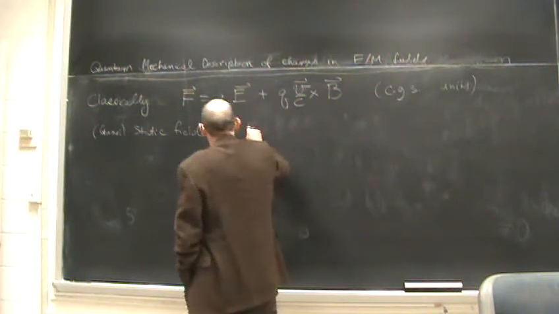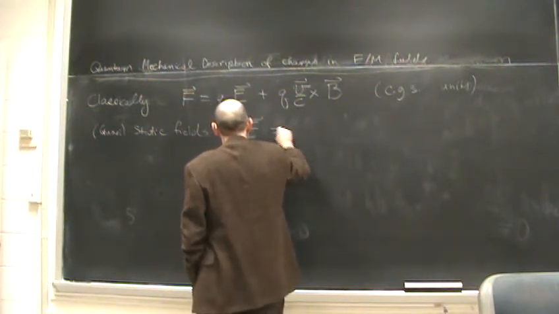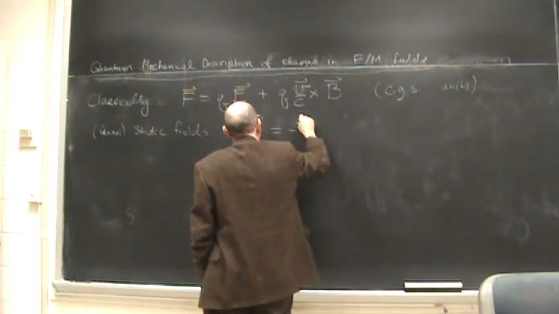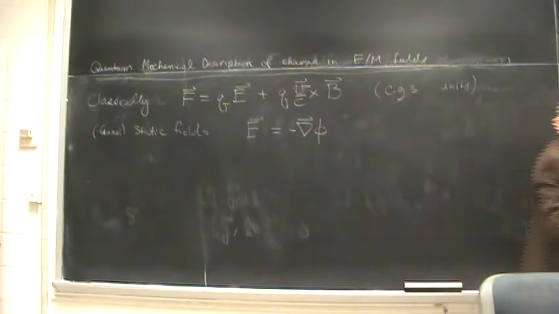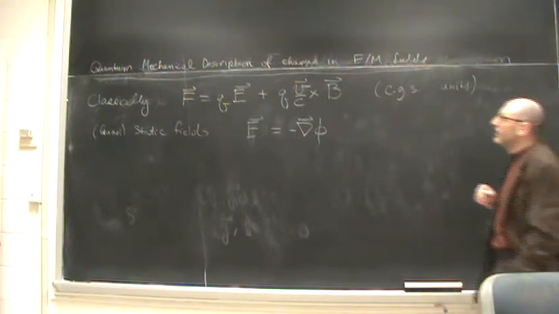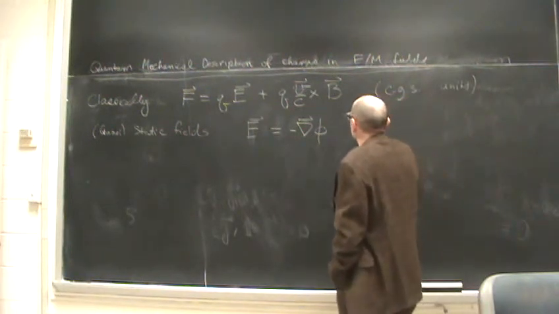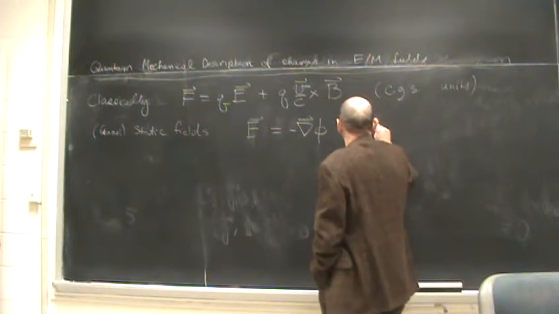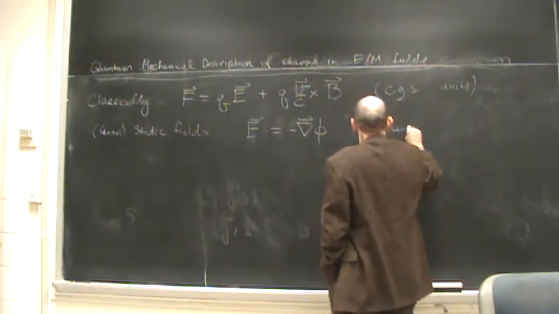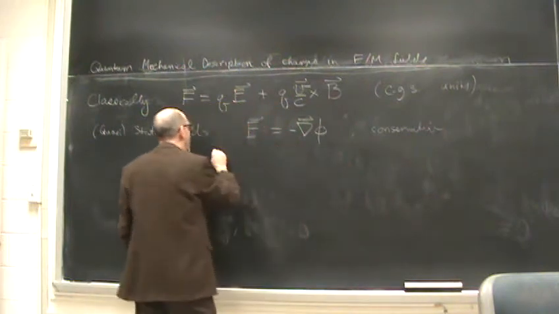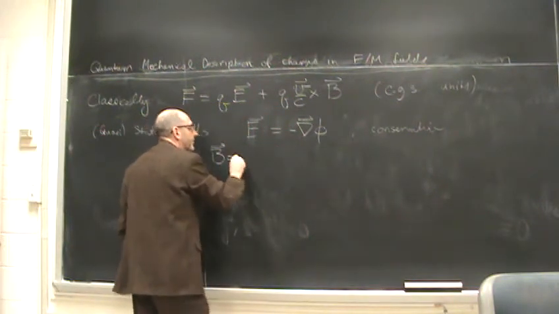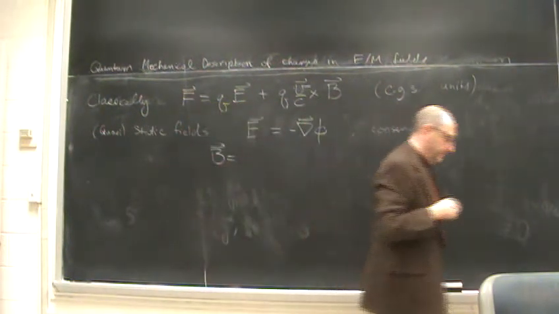The electric force is a conservative force derivable from the voltage, or the static potential, right? On the other hand, the magnetic field is not derivable from such a potential.